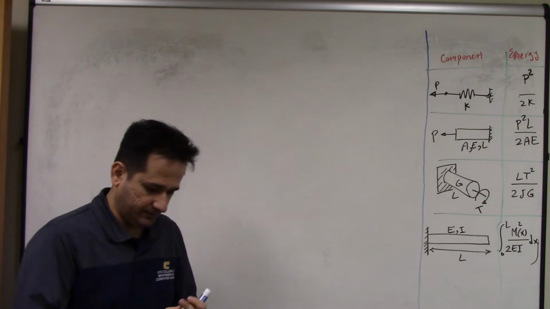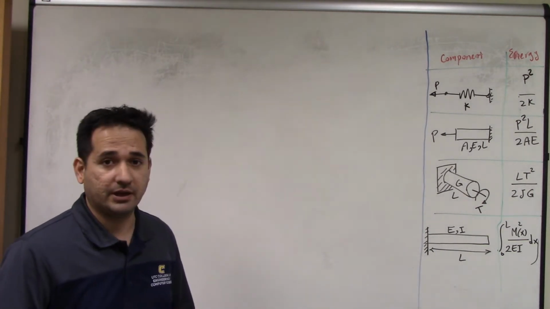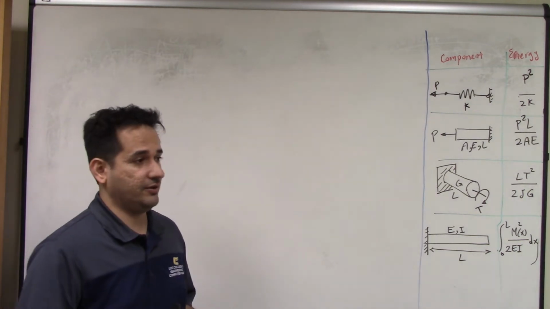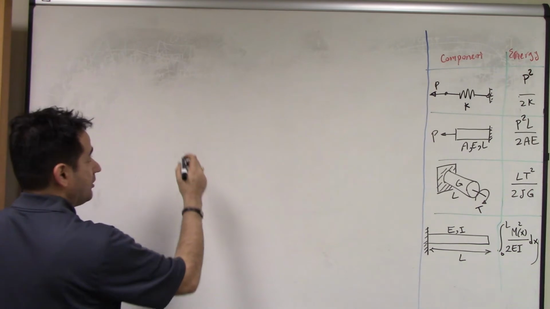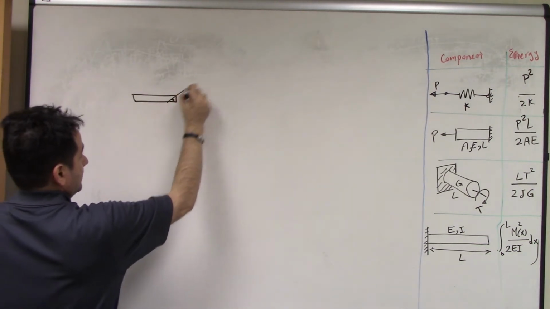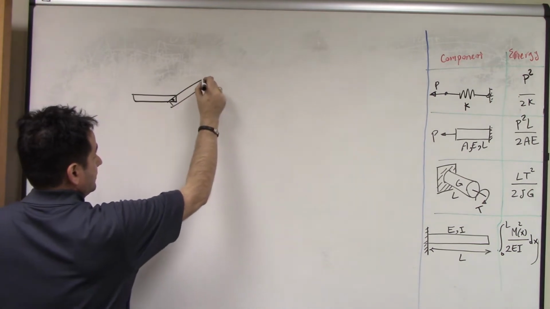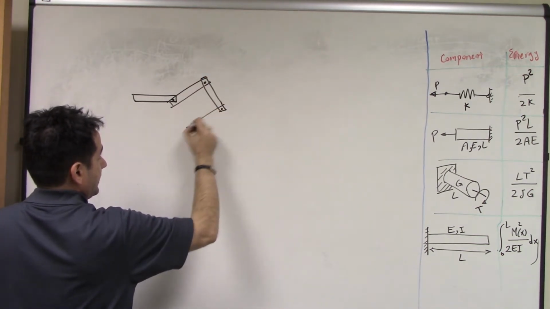Okay, I'm going to solve one example of using energy method, in particular Castigliano theorem for truss. So if you remember, truss is a connection of a number of bars like that.